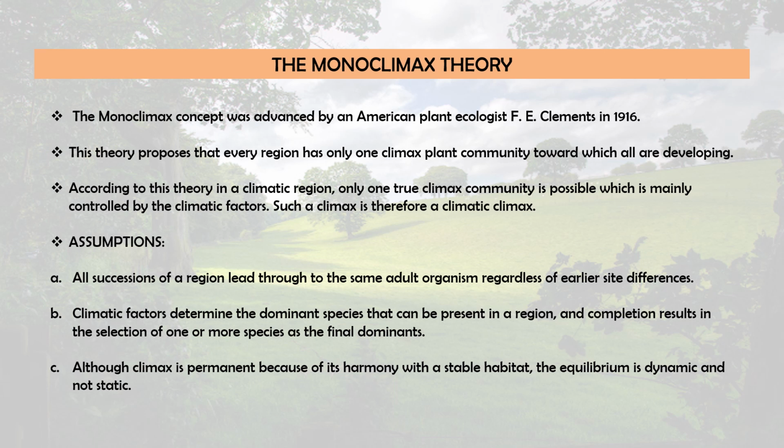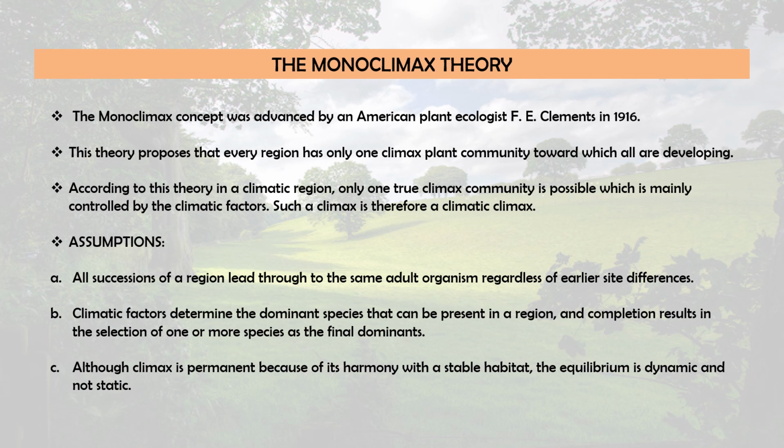This concept was brought to light by an American plant ecologist, F.E. Clements, in 1916, and he proposed that every region has only one climax plant community, toward which all the plants and other organisms are developing.